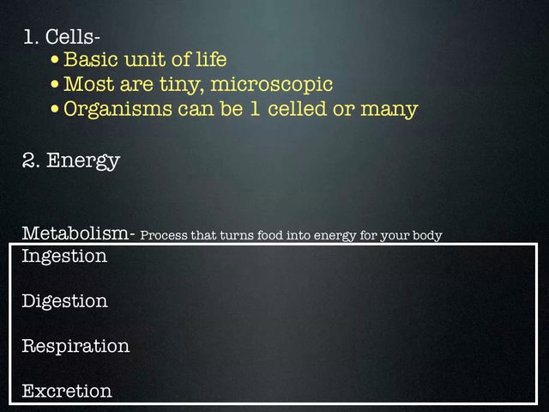Some organisms are one-celled, some are many-celled. For example, we have trillions of cells that make up our body, whereas an amoeba is just a single cell. But both are alive.